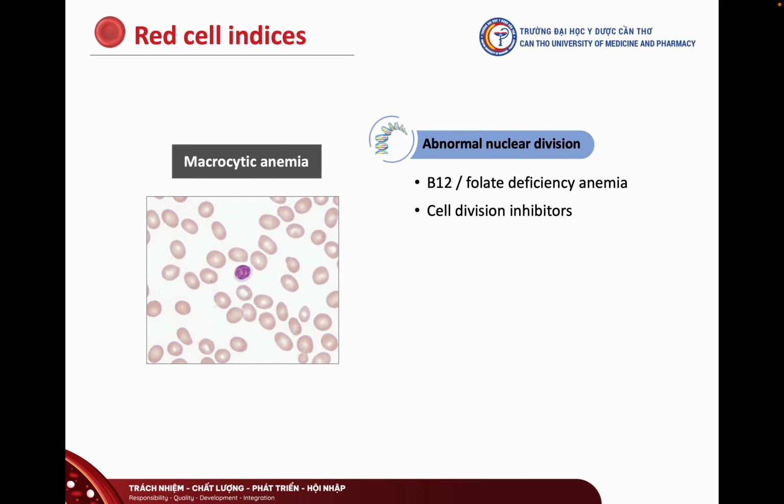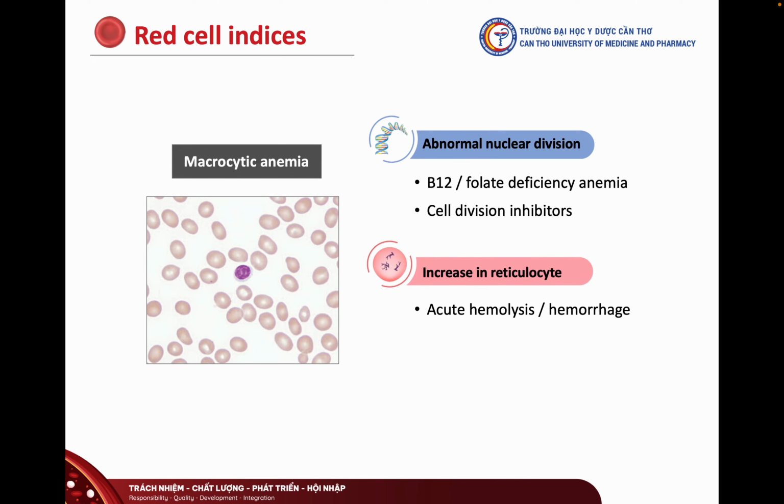These abnormal precursors are called megaloblasts, and they give rise to larger than normal red cells in the peripheral blood. That is why we call it megaloblastic anemia, and why it shows up as macrocytic on the CBC result.